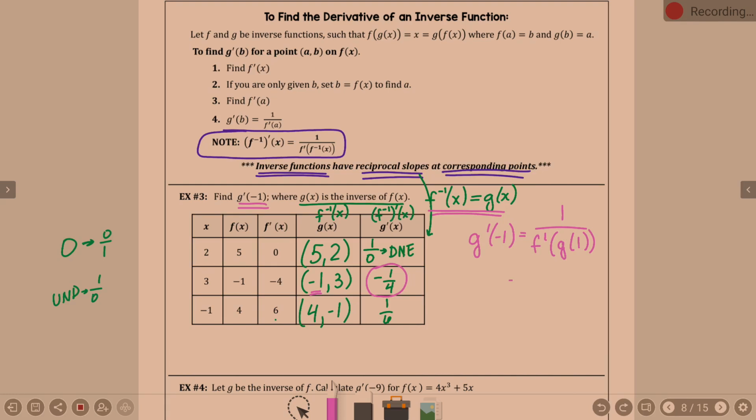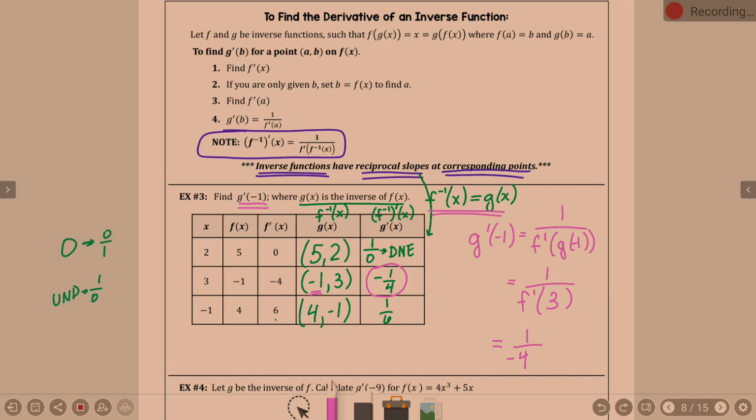Okay, this formula would work just as well, because it'd be 1 over f prime of, what is g of negative 1? That's 3. And what is f prime of 3? Negative 4. And it's 1 over negative 4, because it's 1 over f prime of 3. Does that match my answer? Okay. So, same idea.